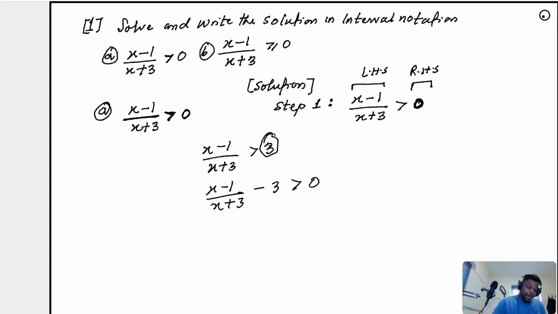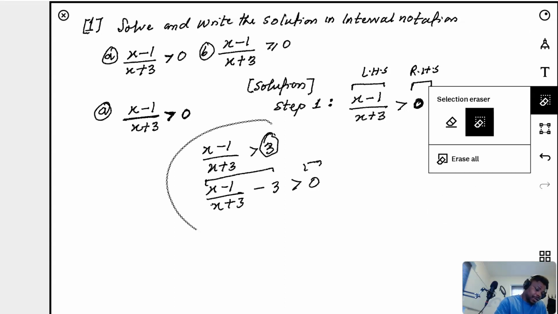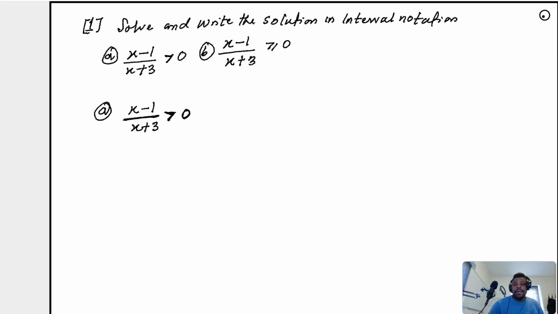Now for left hand side, I have this, and for right hand side, I have 0. So step 1 says always make what you have on the right hand side equal to 0. From the question itself, we already have equals to 0, so no problem here. Now for step 2.